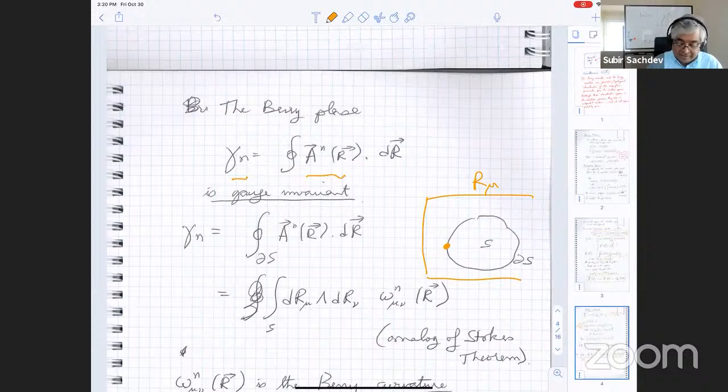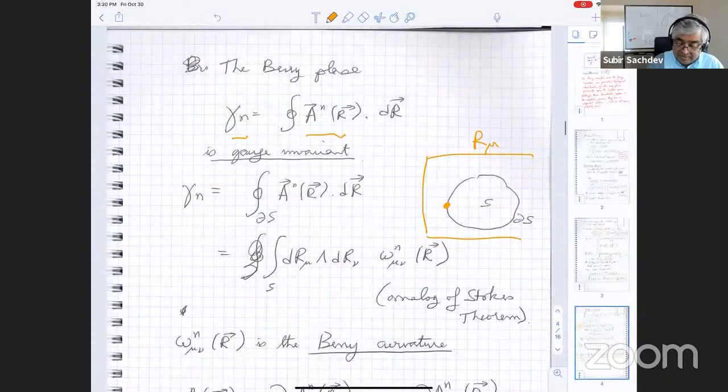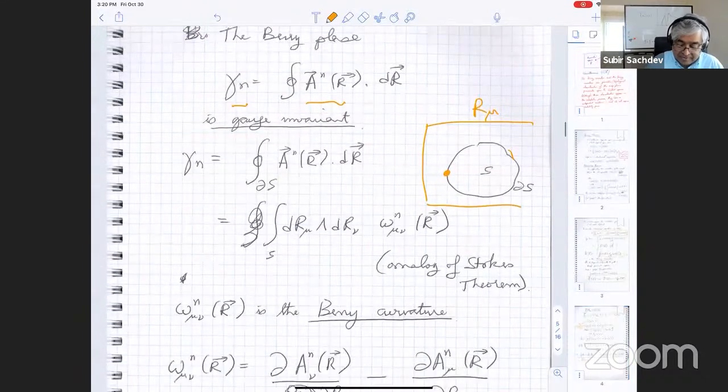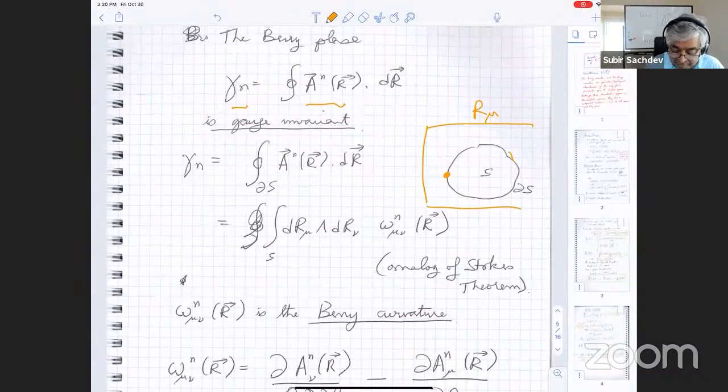Okay. And now, by the usual trick, the line integral of A on any surface like this must relate to flux by Stokes theorem, and so it's the integral over the surface. This is the more fancy way of writing that, times this quantity, which is then the Berry curvature.